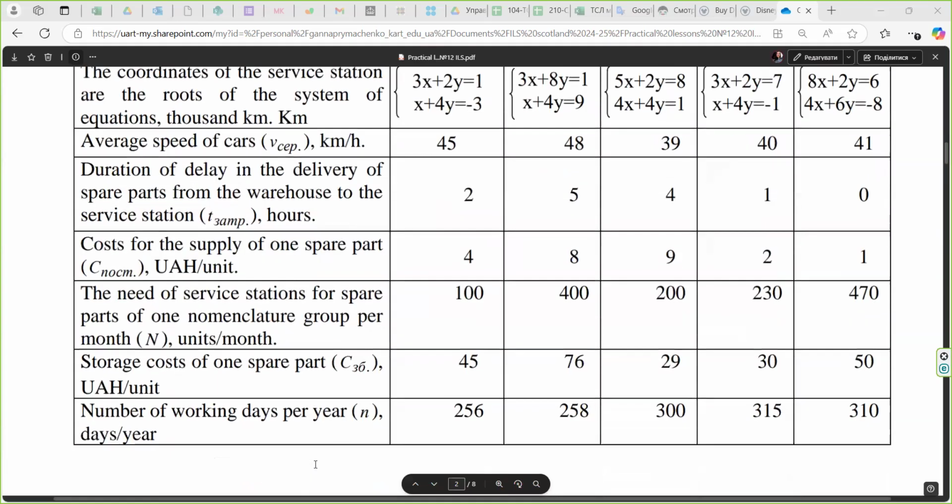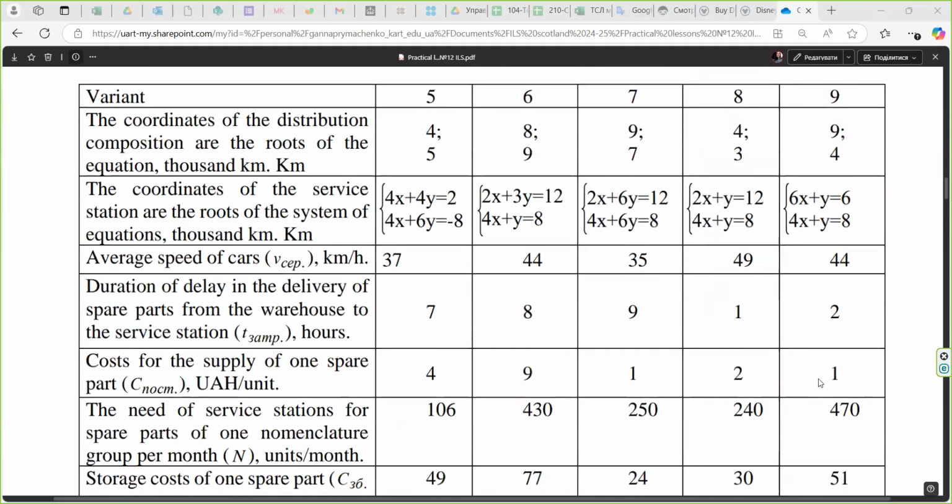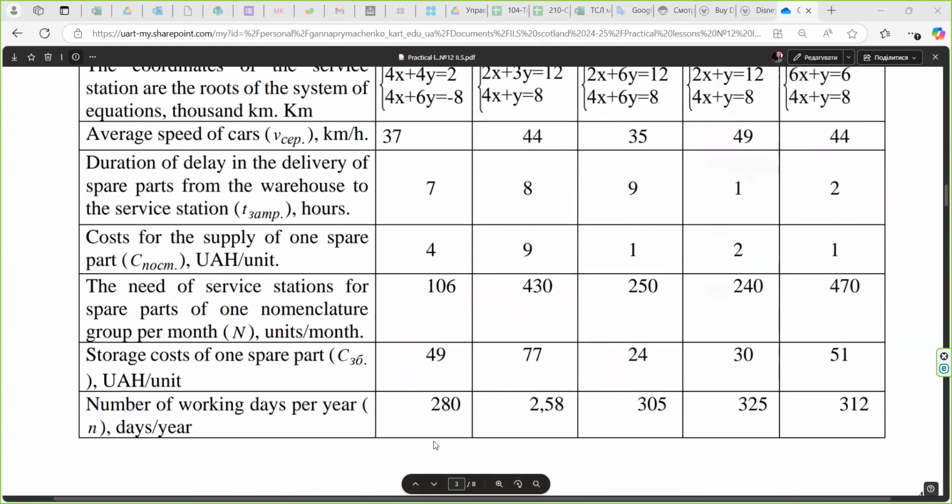For your variant, it is 50 hryvnia by 1 unit, 50. And for Yana, for 6 variants, it is the second parameter, third column, it is 77 hryvnia by 1 unit. So we divide by these parameters, and calculate it. Okay.